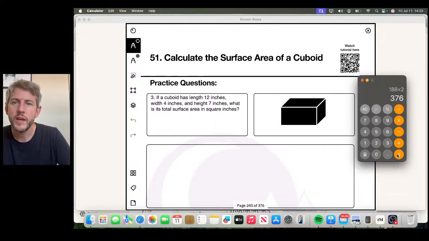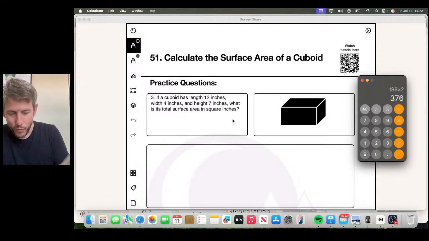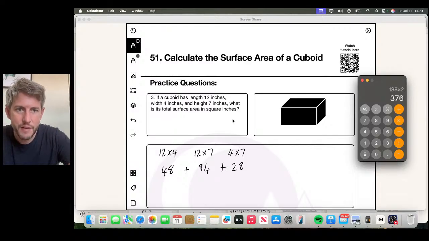Okay, so here we go. If a cuboid has length 12 inches, width 4 inches, and height 7 inches, what is its total surface area in square inches? So what we're going to have here is 12 by 4, 12 by 7, and then 4 by 7. So this is 48, this is 84, and this is 28. We can then add these together.